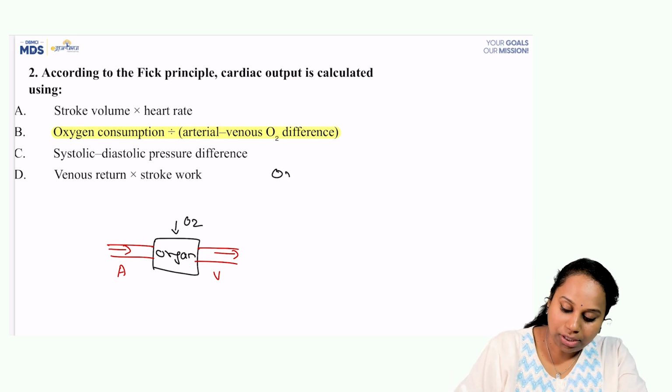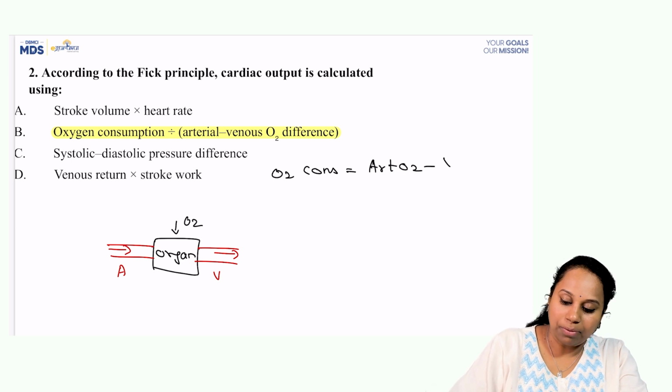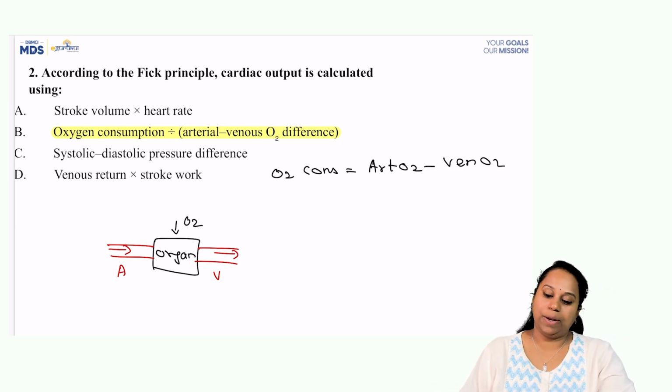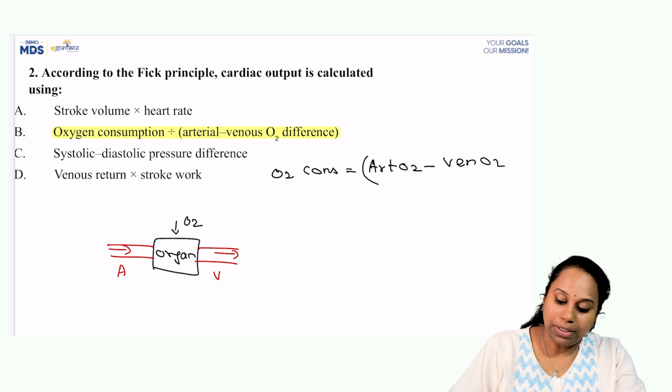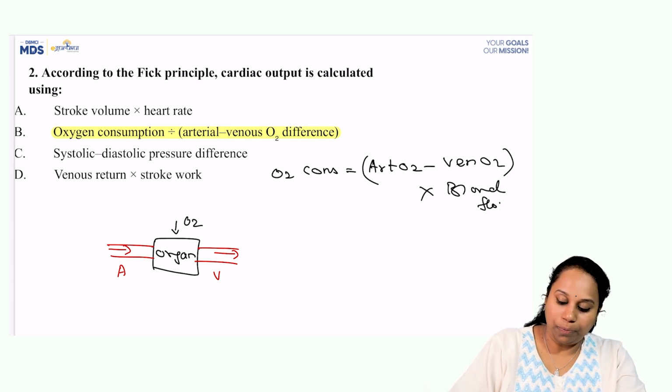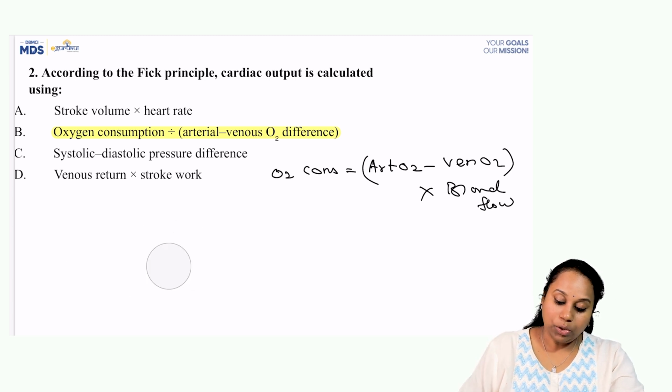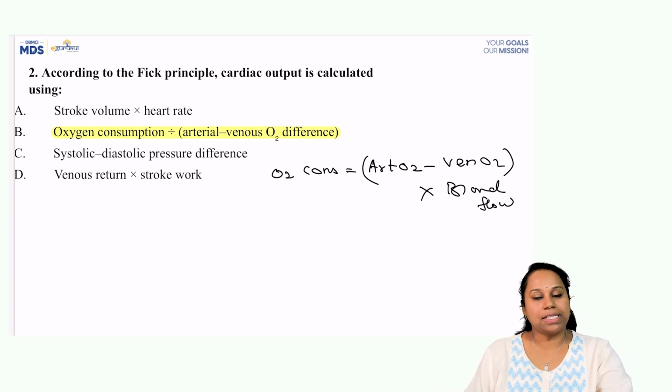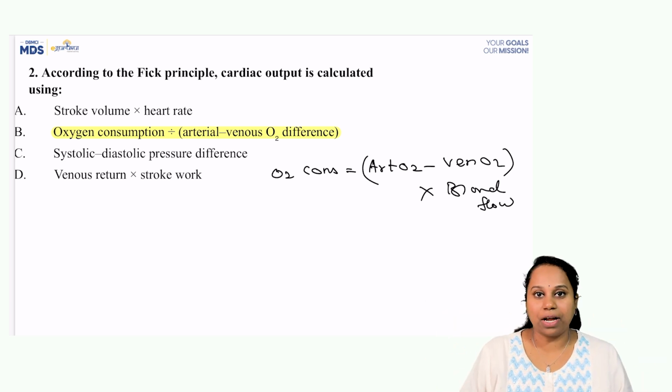So oxygen consumption is equal to arterial oxygen minus venous oxygen, and this has to be multiplied by the total blood flow. Now, what is the total blood flow? If this is the heart, the blood flowing out of the heart is called cardiac output.